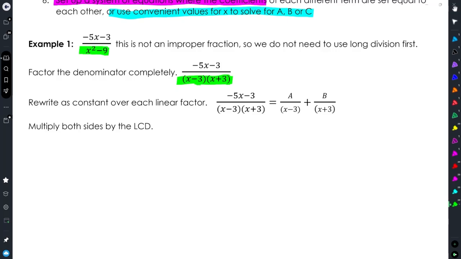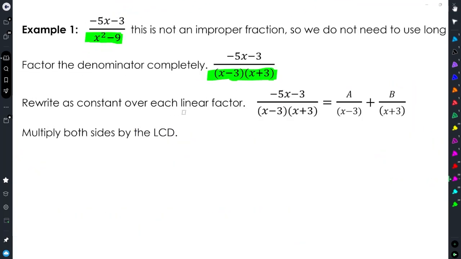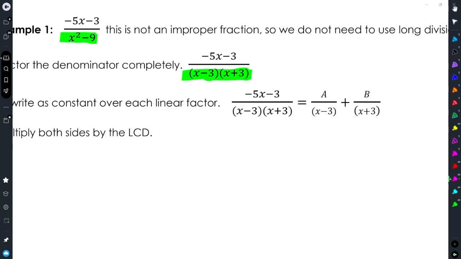Now, we're going to rewrite this as a constant over each linear factor. So we have negative 5x minus 3 over x minus 3 times x plus 3. We're going to do a constant over x minus 3 and a constant over x plus 3. What we're trying to figure out is what these a and b values are. But we're setting this up so that these things are equal to each other.